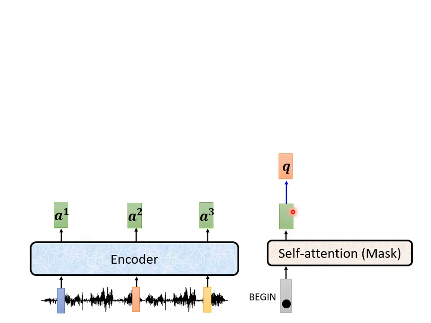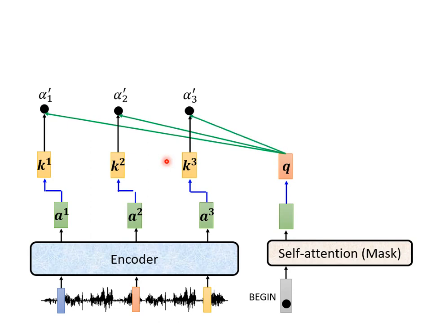Then make a transform of the output vector by multiplying a matrix, and get a query called Q. The A1, A2, and A3 here also generate keys K1, K2, K3. Then multiply Q with K1, K2, and K3 respectively to calculate the attention scores.